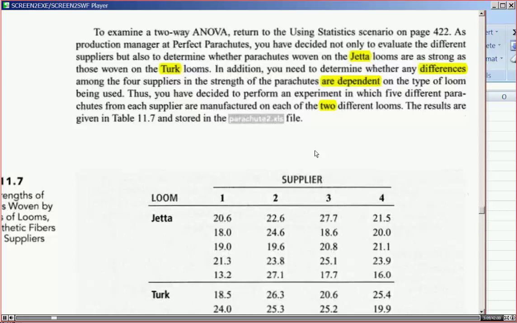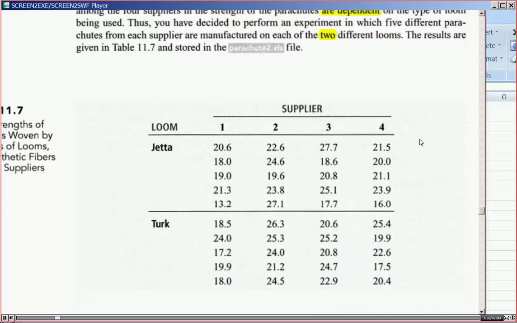Therefore, the count is 40. 5 different parachutes from each supplier are manufactured on each of the 2 different looms. The results are given in table 11.7 and stored in parachute 2. Okay. These are the data that we're going to use.